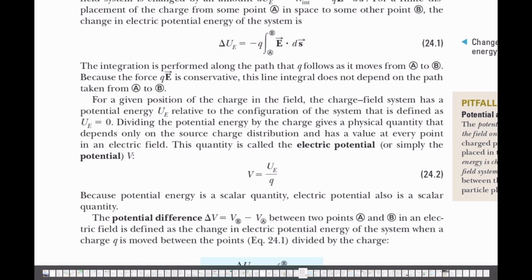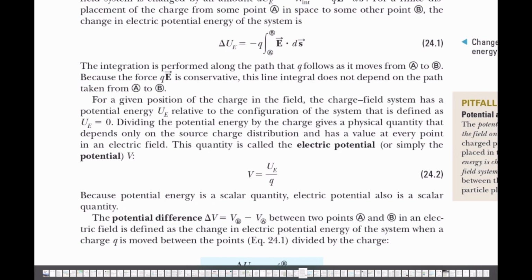It's okay. For a given position of the charge in the field, the charge-field system has a potential energy U subscript E relative to the configuration of the system that is defined as potential energy equals 0. That sentence also, don't worry about it too much. But this next one is important. Dividing the potential energy by the charge gives a physical quantity that depends only on the source charge distribution and has a value at every point in an electric field.